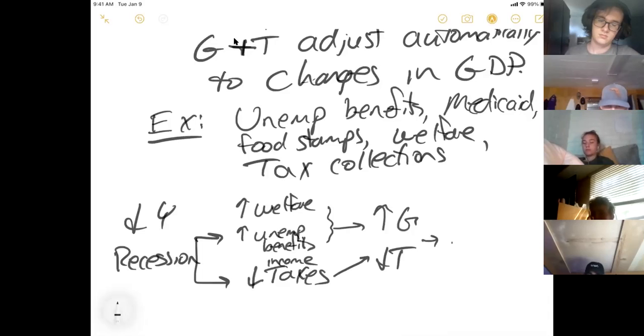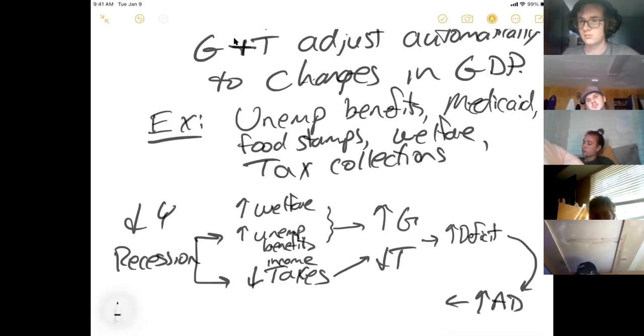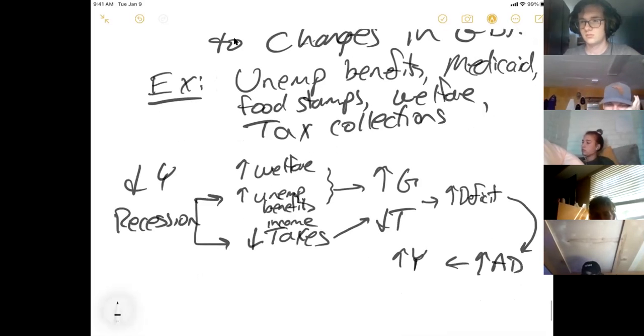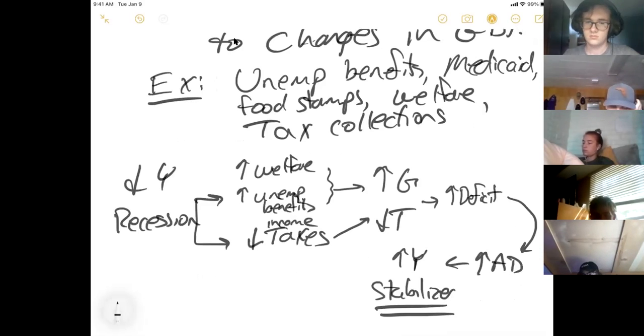What does this mean? The deficit immediately goes up. But for our purposes, it's also really important to notice that this stimulates aggregate demand and pushes output back up a little bit. It's a stabilizer. So output falls, and then these programs kick in to push output back up.